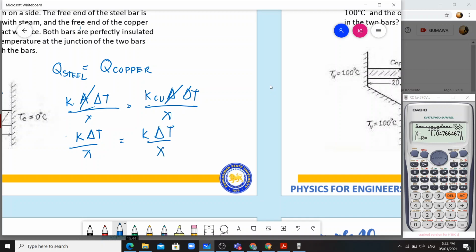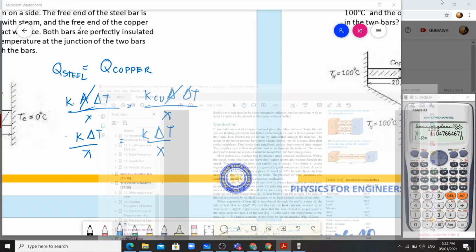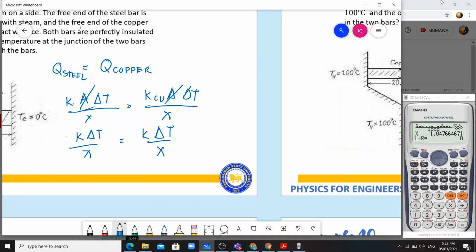Okay? So ang steel is 50.2. Delta T is 100 minus T. Okay, dahil palamig tayo, equals over 10 centimeter times 1 meter over 100 centimeter.